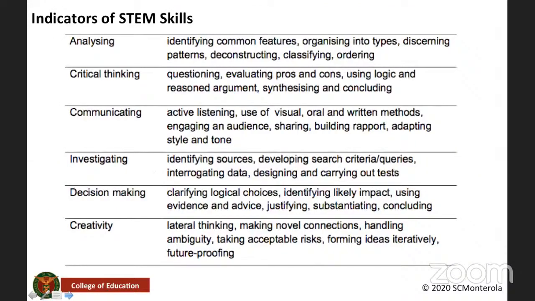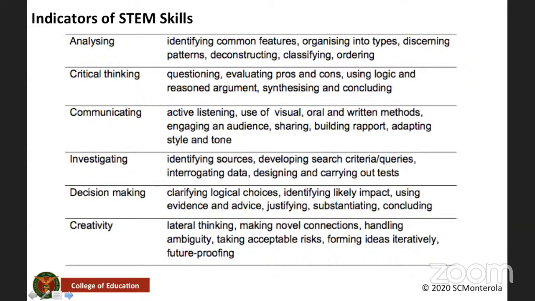So some indicators of STEM skills that we want to revisit, because earlier I pointed out that what really makes a difference in the resources that we give to our students is the kind of questions that we pose. Here I'm trying to bring light to some of the key terms or indicators when you think about the different STEM skills.